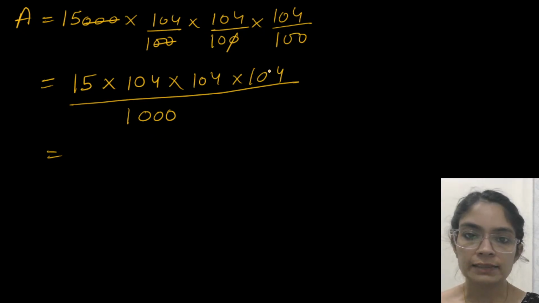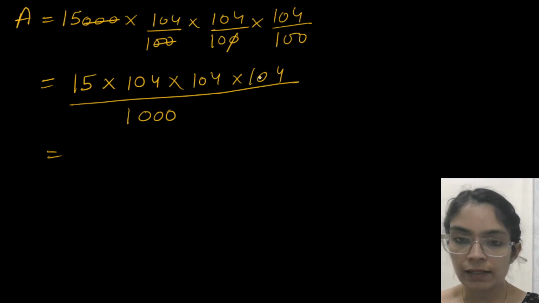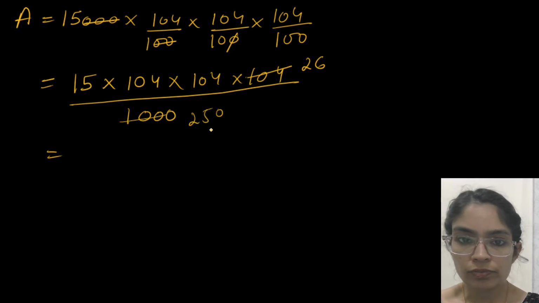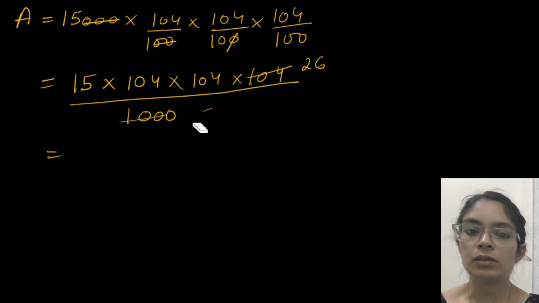If I do cancellation over here, 4 into 2 is 8, 4 into 250, so this will be a little complicated.